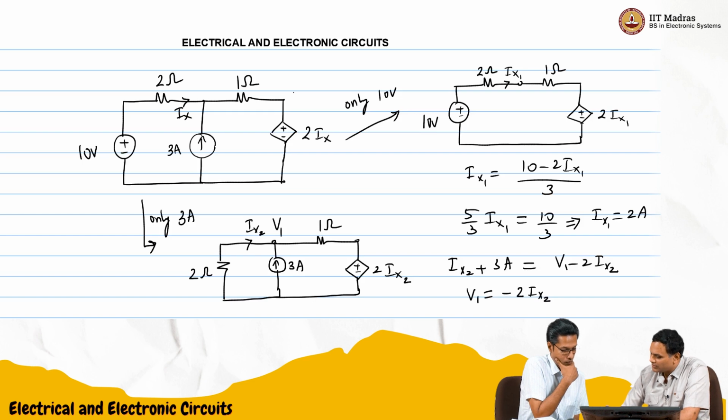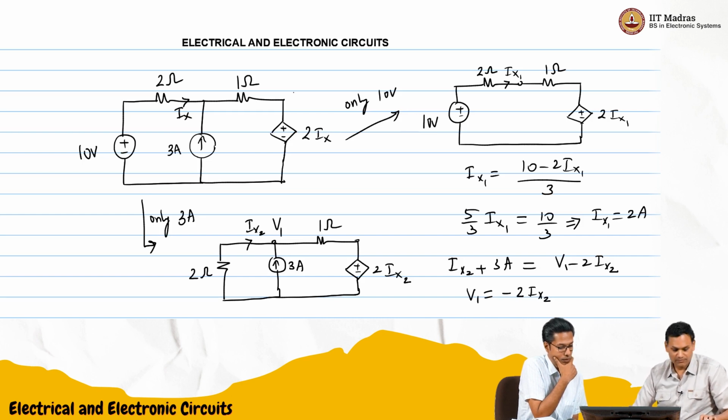So let us do it now. V1 is minus 2 Ix2, and that will become minus 4 Ix2. We have Ix2 here. So 5 Ix2 is minus 3 amperes.